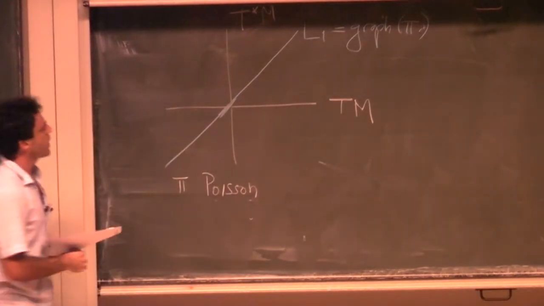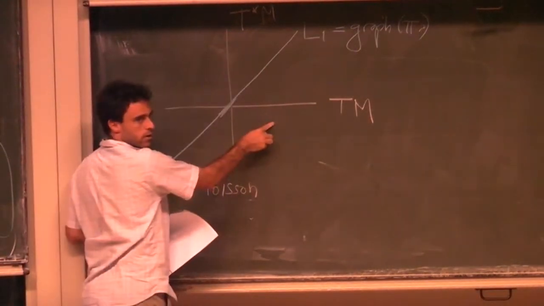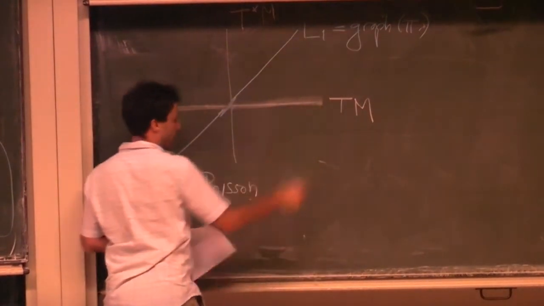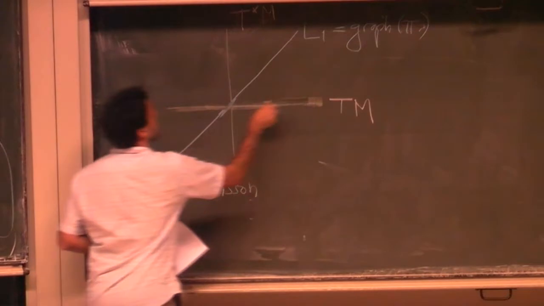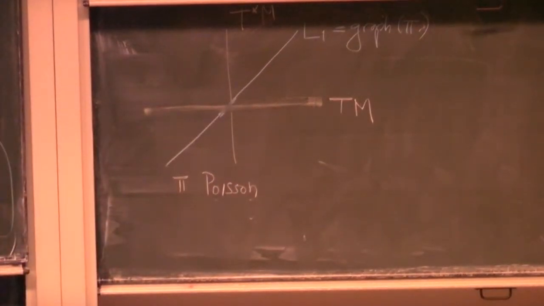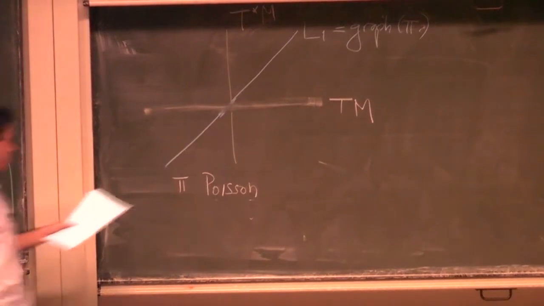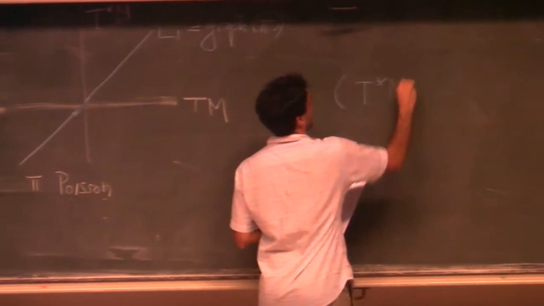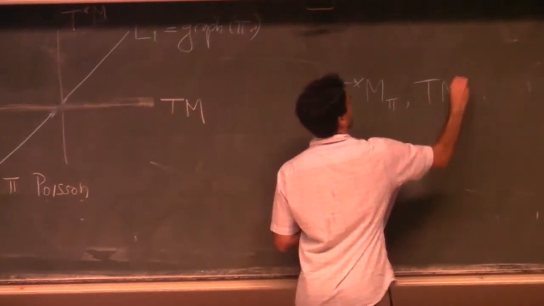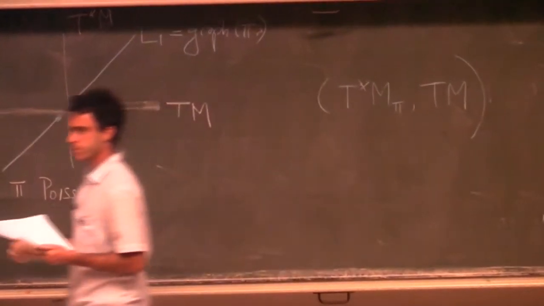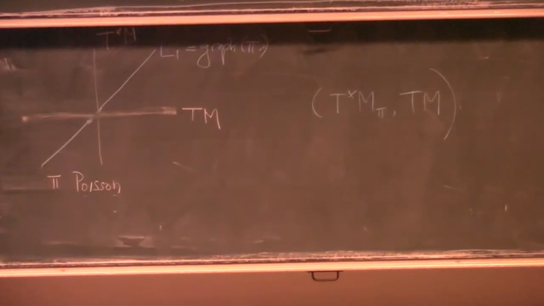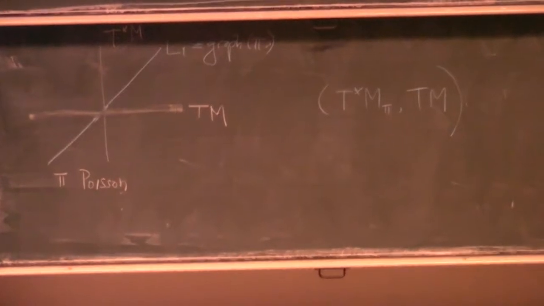Now, because this is a graph from here to here, this is also a Dirac structure, and they are transversal to each other. So this pair defines a Lie bialgebroid. And this is nothing but the same Lie bialgebroid that I talked about before. So a different way to see the same thing. All right.